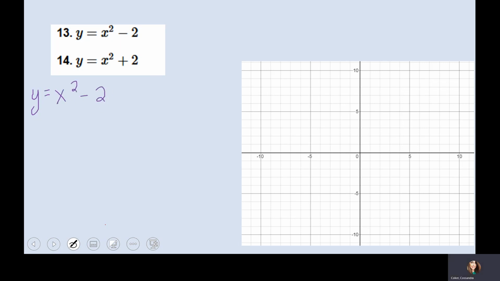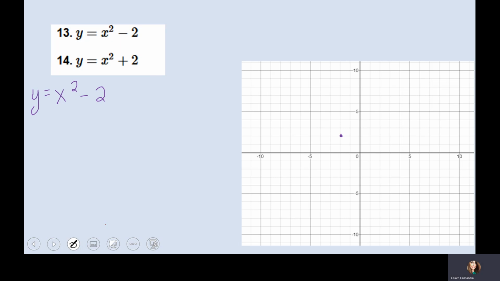All right, so let's graph this first one. Let's substitute in -2 for x. So we have -2 squared, which is 4, 4 minus 2 is 2. So we're going to have a point at (-2, 2).